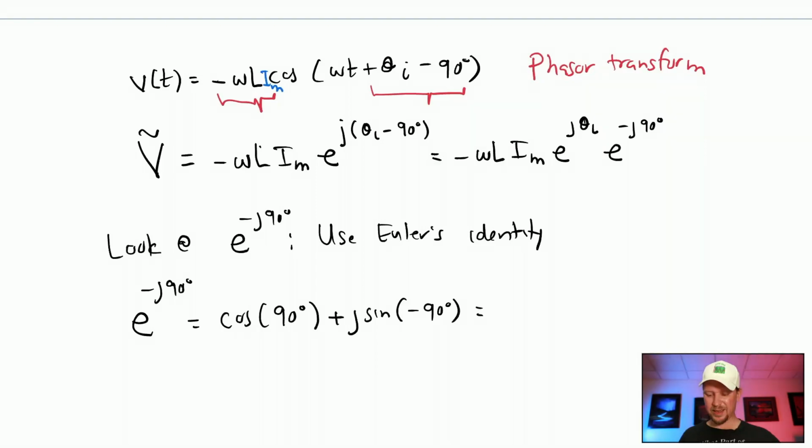Right. And if you'll recall, the cosine of 90 degrees, well, this happens to be 0.